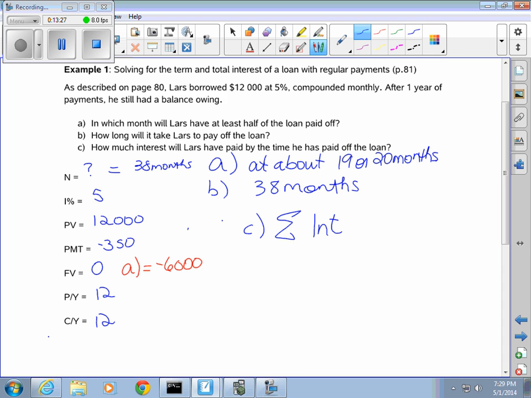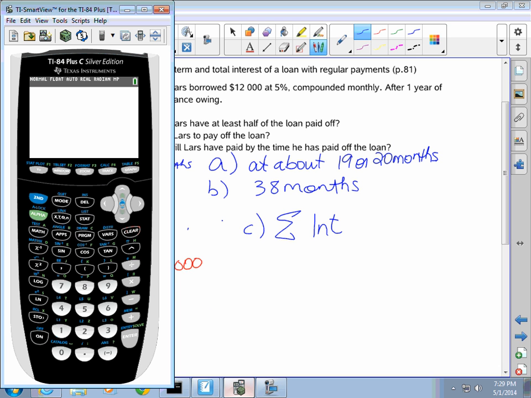Go into the apps, the finance one, and go down to this sum interest one. That funny looking E is the Greek letter epsilon, which we use to mean the sum of numbers, and INT stands for interest. So you hit that one.